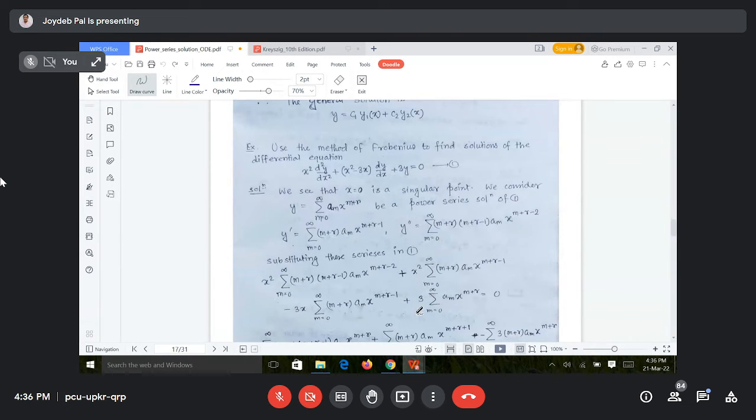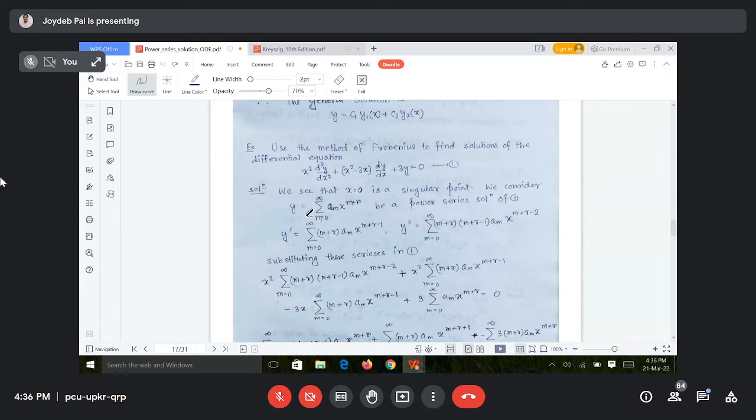Now that is another type: x squared y double dash plus (x squared minus 3x) y dash plus 3y is equal to 0. So you normalize it, meaning convert it to its normalized form, and you can see that x equal to 0 is a regular singular point.